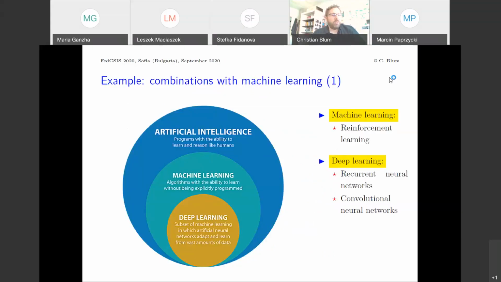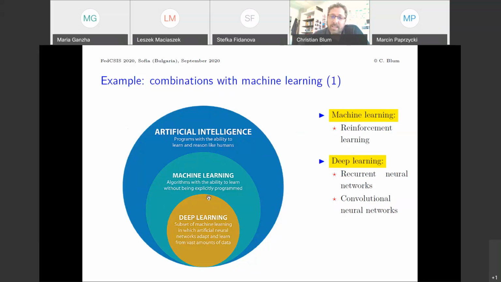The third example I want to quickly explain is on combinations of meta-heuristics with machine learning. Machine learning, as you know, is a branch of artificial intelligence where we develop algorithms with the ability to learn without being explicitly programmed. I'm sure you have heard about deep learning.